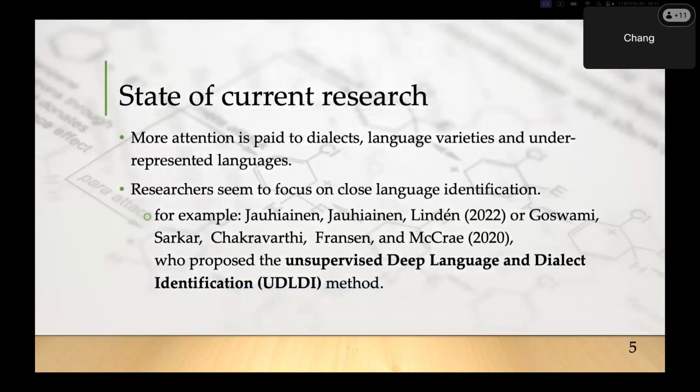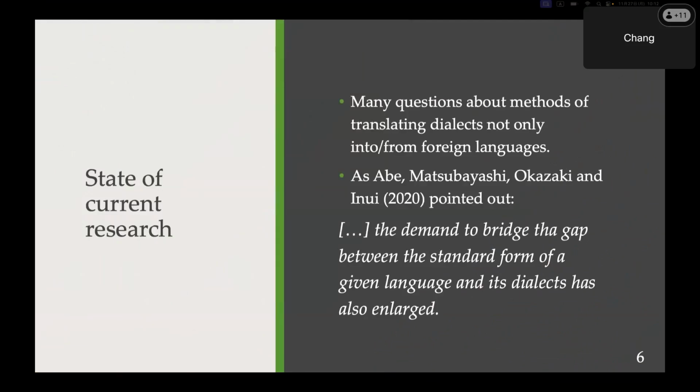Thankfully, nowadays more attention is paid to dialects, underrepresented languages, and language varieties. Researchers seem to focus on close language identification, for example, those who propose the unsupervised deep language and dialect identification method. There are also many questions about methods of translating dialects, not only from or to foreign languages.